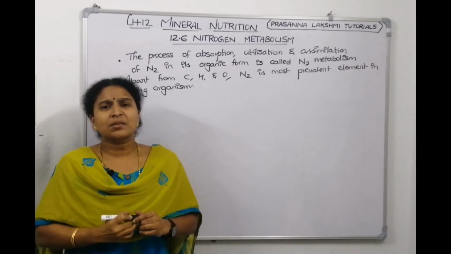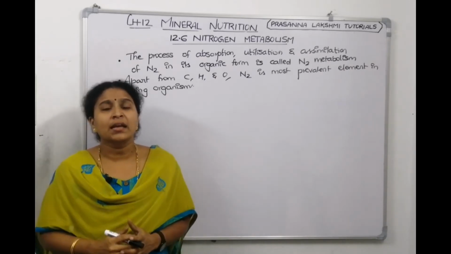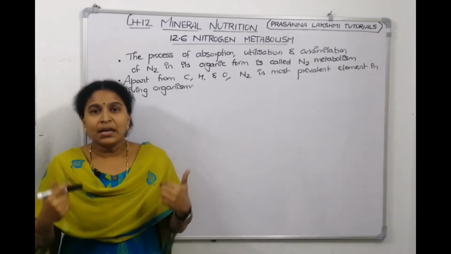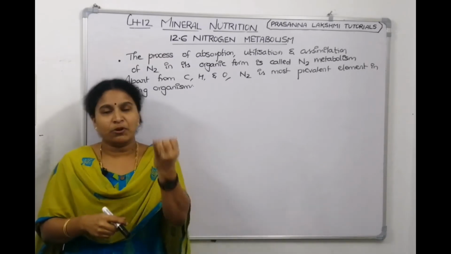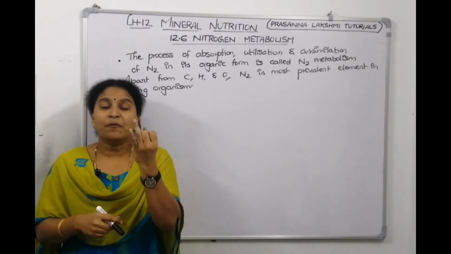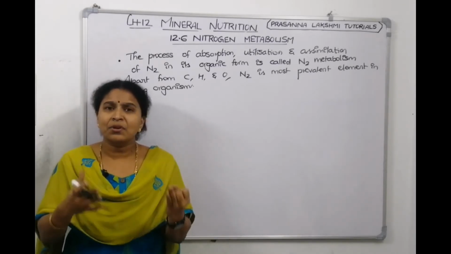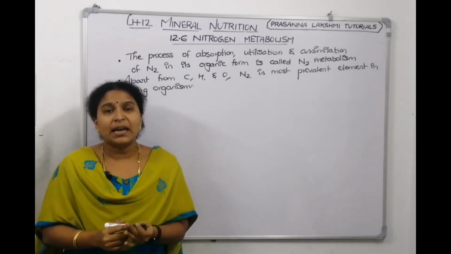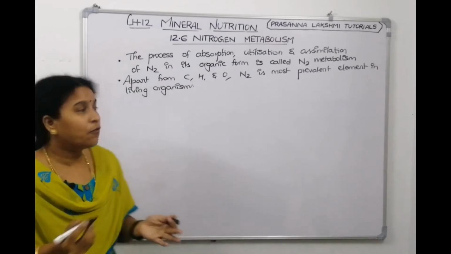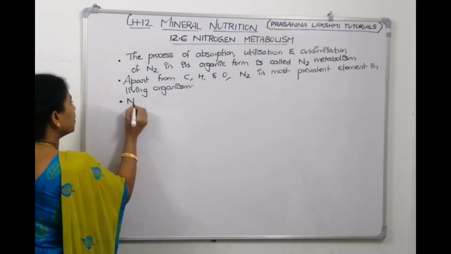Why do living organisms require nitrogen in more quantity? Because our body or plant body is made up of proteins. Proteins are made up of amino acids. Amino acid has an amino group, and it has nitrogen. So nitrogen is a constituent of what? Let us write down.